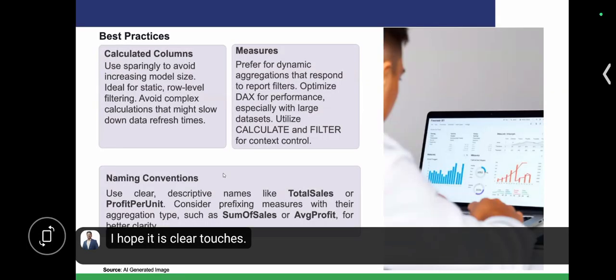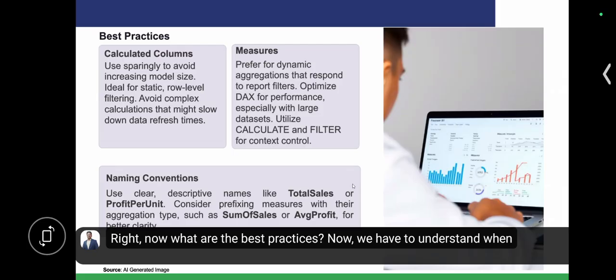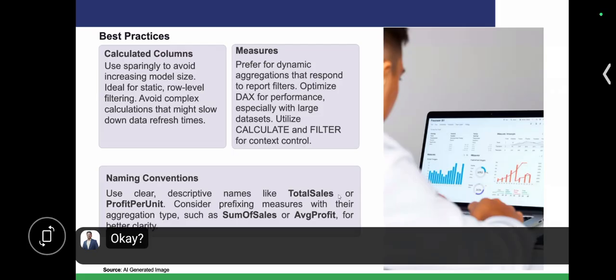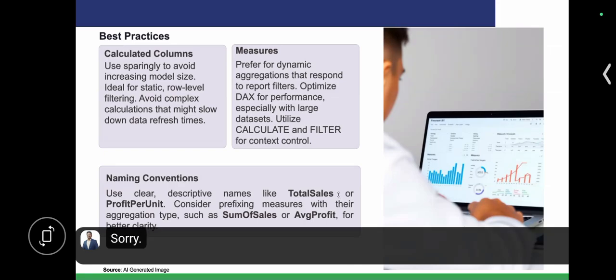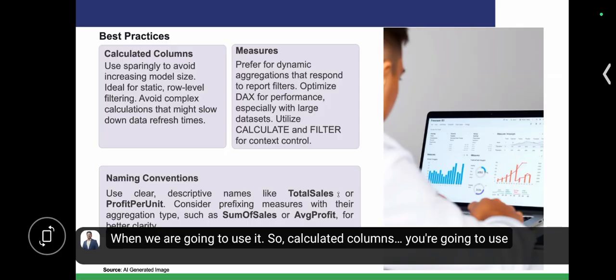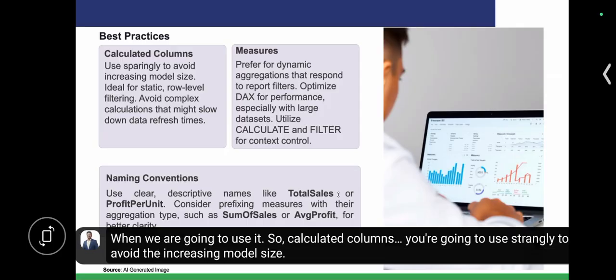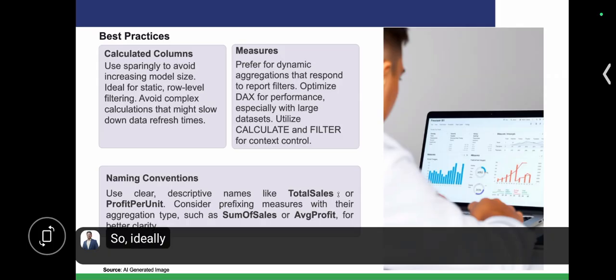Right, now what are the best practices? Now we have to understand when to use what. We know what is calculated column, we know what is measures. We avoid complex calculation that might slow the data refresh time.